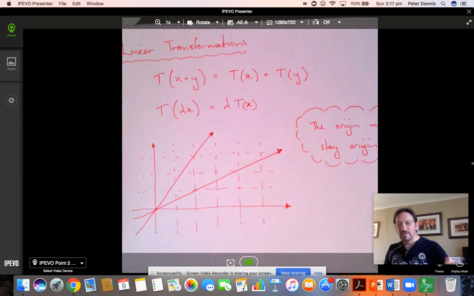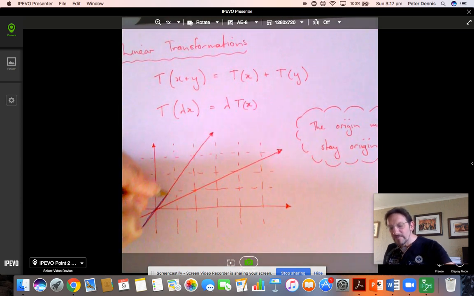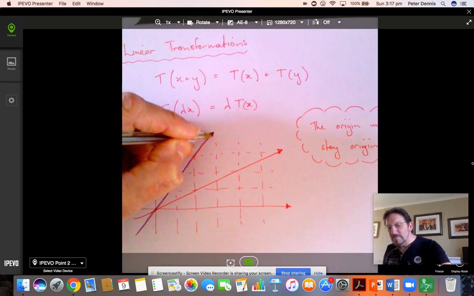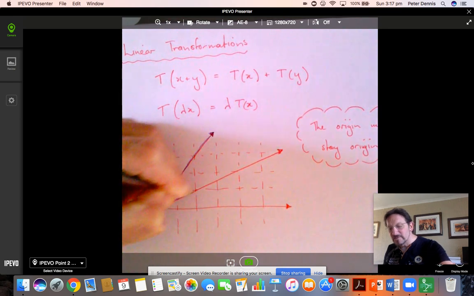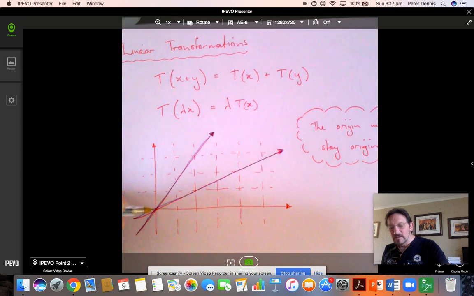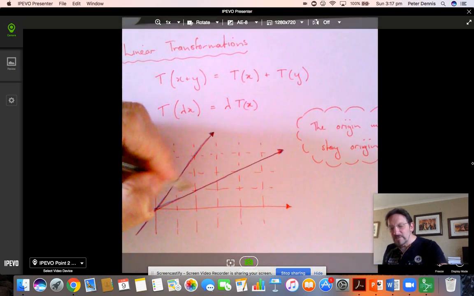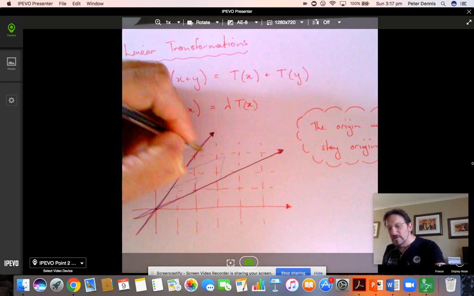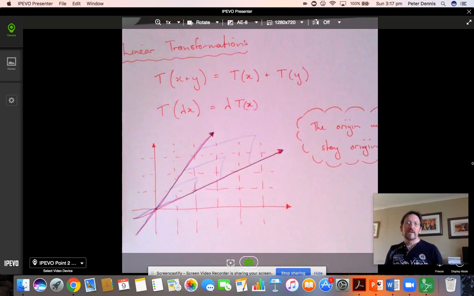So that would be a linear transformation, and all we've done is squish things up a bit. So there's our new axes, and our new coordinate grid would look something like that.